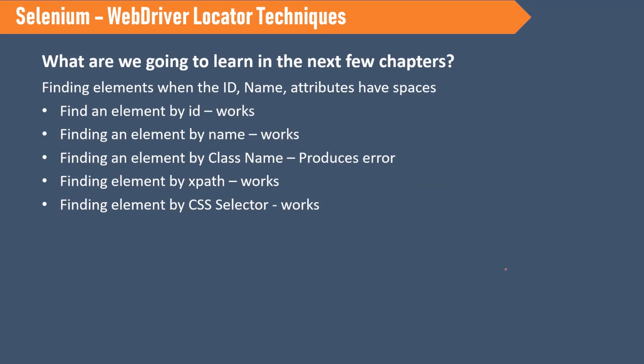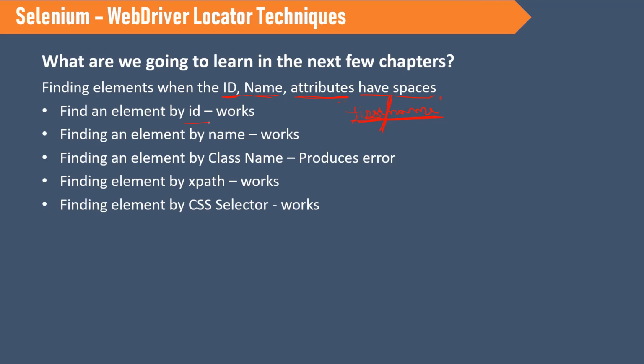And we will also see what if the ID or name attributes have spaces. That means in the previous video we gave the ID as first name, which is a single word here. But what if there is a space between first and name? So what happens? We will try to find those elements that have spaces in IDs, names, and attributes.